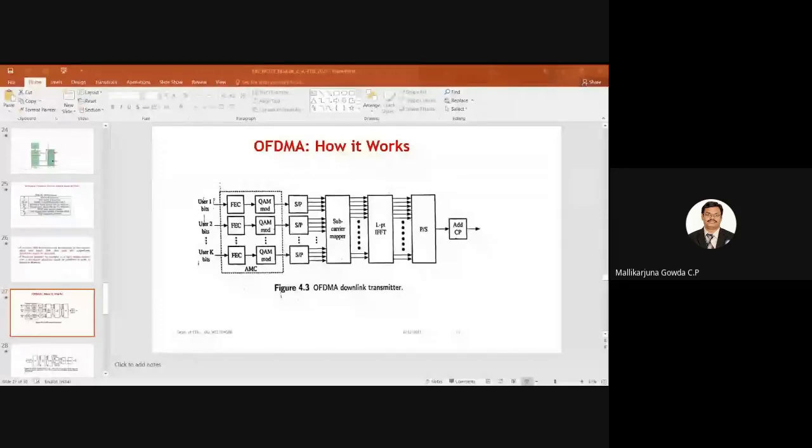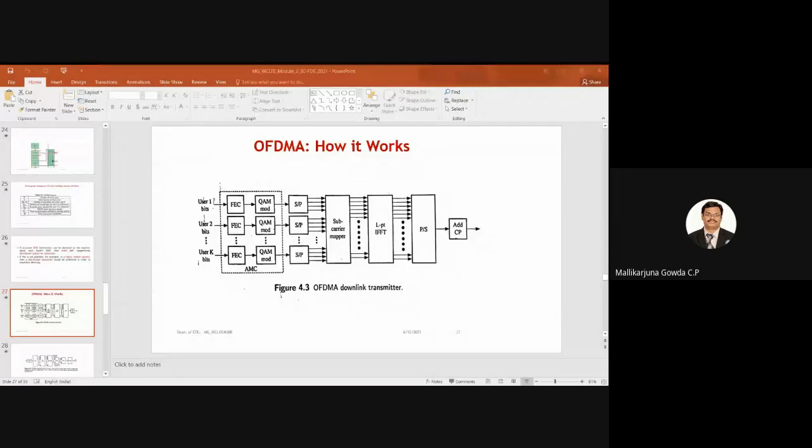So there are K users: user 1, user 2, up to user K. Each user will be transmitting information in terms of zeros and ones. We already know what AMC is, adaptive modulation and coding. First there will be forward error correction as well as QAM modulation.